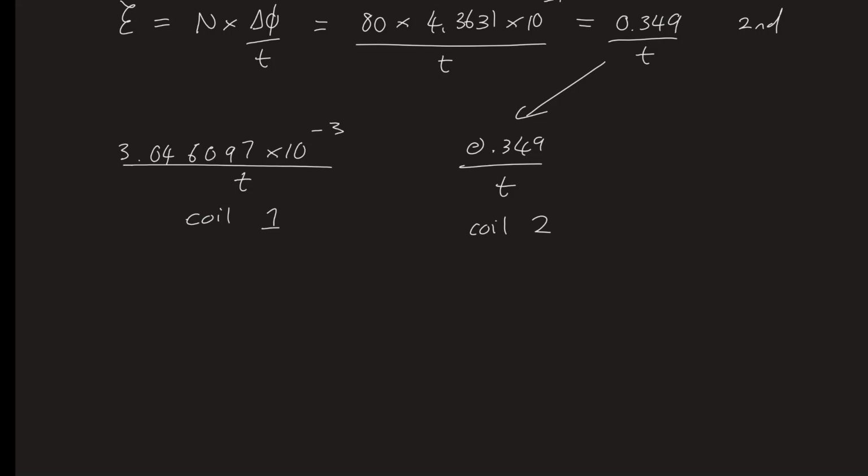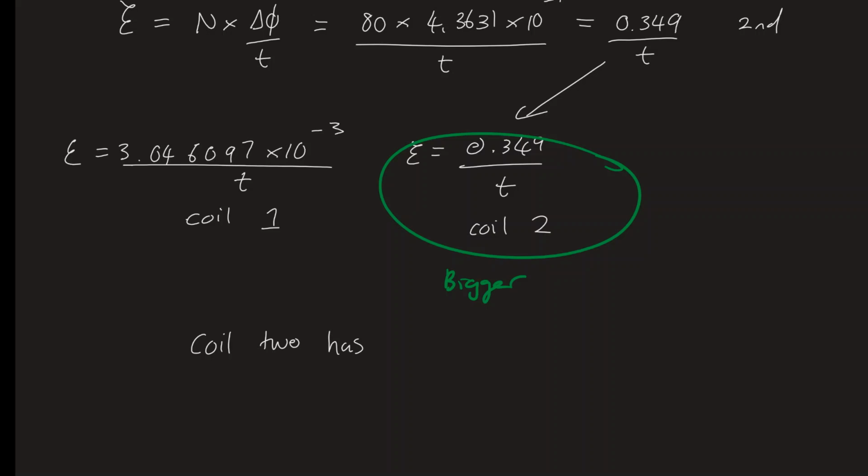Well, we can see, both of these are EMFs that we calculated, and t is the same on both sides. Well, we can clearly see that this one is bigger. So the answer to the question is coil 2 has the larger EMF or voltage induced. And we've justified that mathematically. Okay, that's that.